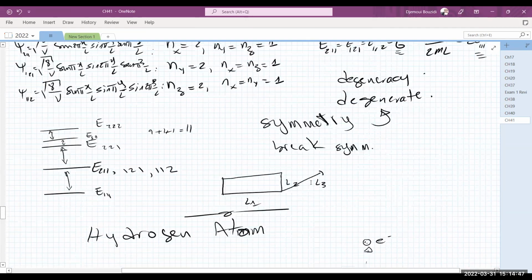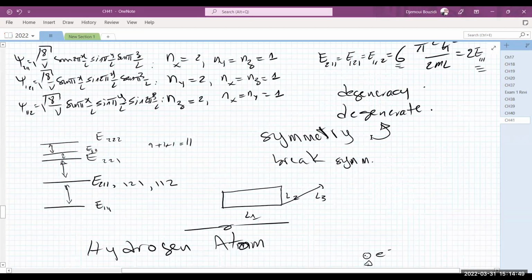So that is really what this is. If you break the symmetry of the system, the degeneracy is lost. If there is symmetry in the system, the degeneracy is there. And this is true all the time. Whenever there is a symmetrical problem, you will have degeneracy of some sort. How to remove the degeneracy? By removing the symmetry in the problem.